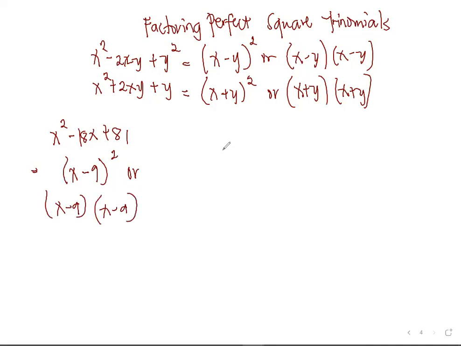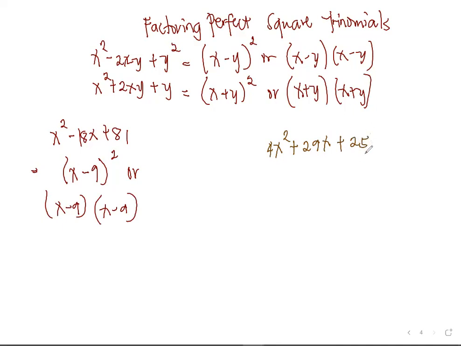Okay, another example, we have 4x squared plus 29x plus 25. So here naman po, ganun din po ang gagawin natin. Perfect square naman si first term, perfect square din naman si last term.